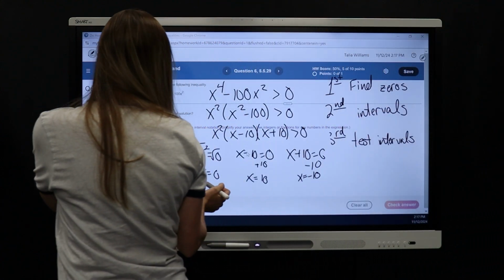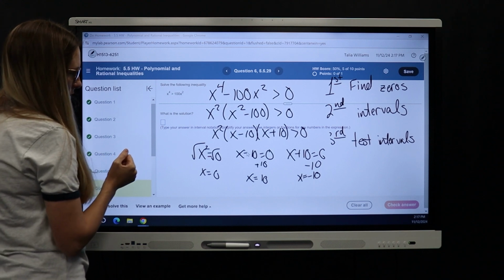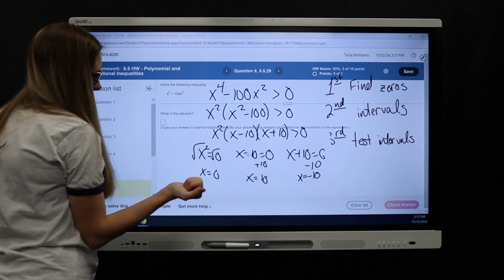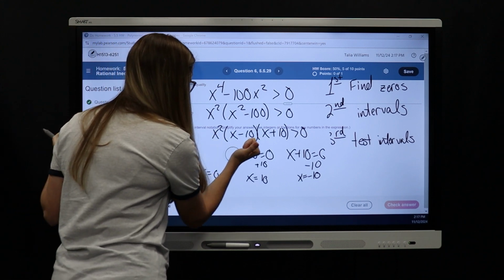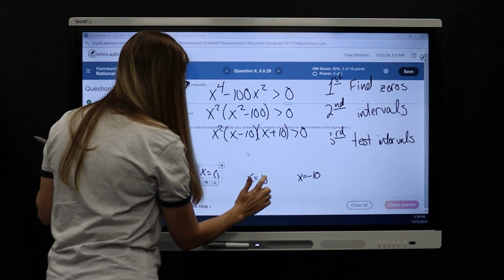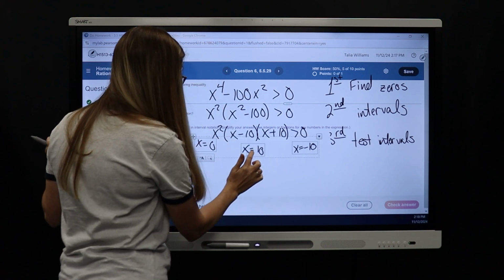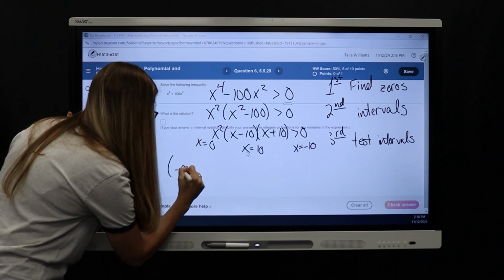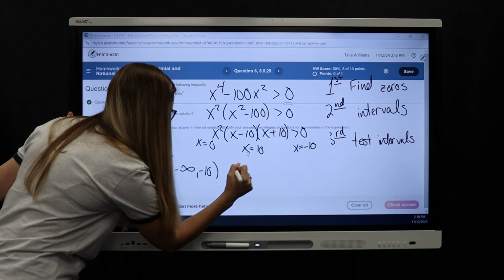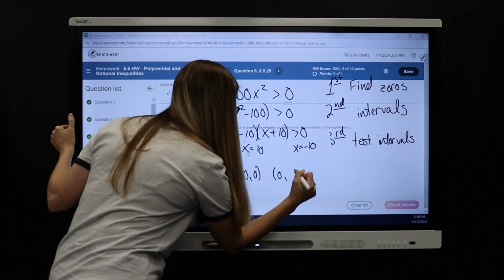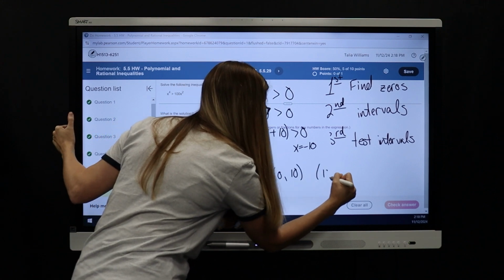Set your intervals, put them in order. Just try not to run out of room. Start with negative infinity. And go to positive infinity.